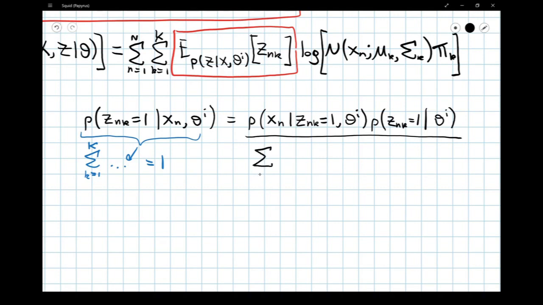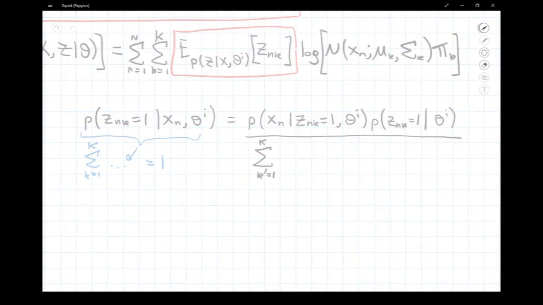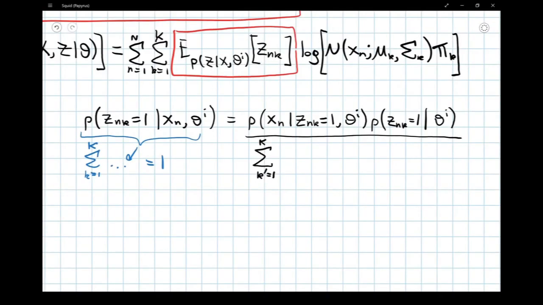So I'm going to sum over, I'll say a k dash rather than a k, just to avoid confusion. It's equal to 1 to capital K. And basically it's all this stuff, but with the k's set equal to k dashes. So I'll put that there.